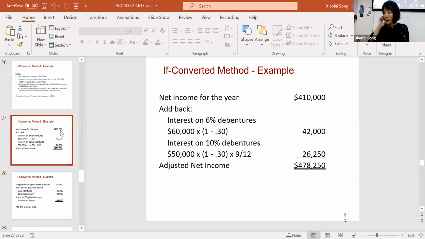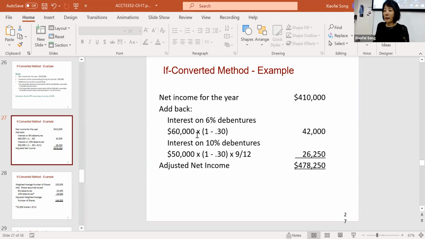And the numerator is the net income. Now, if no debentures were outstanding, there would be no interest. The interest on the 6% debenture is 6% on $1 million, so that's $60,000.